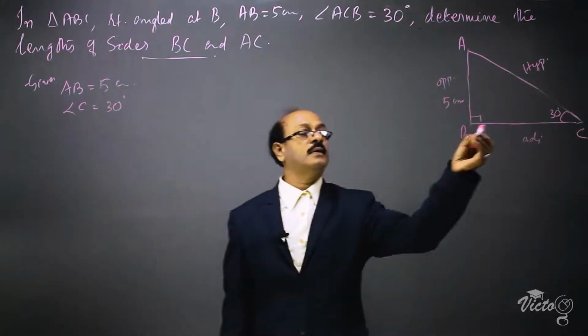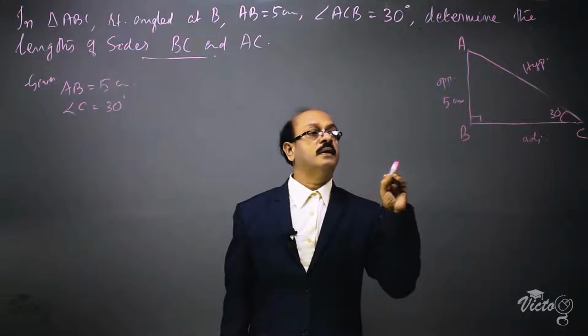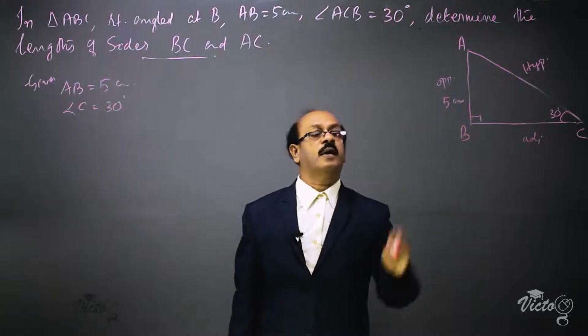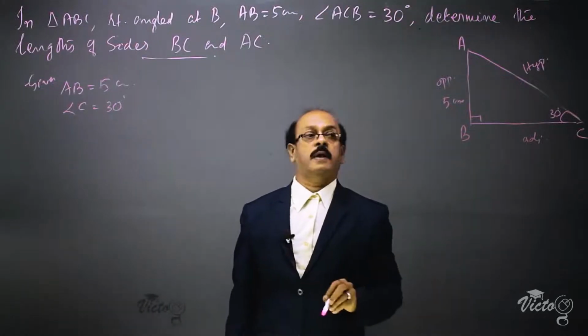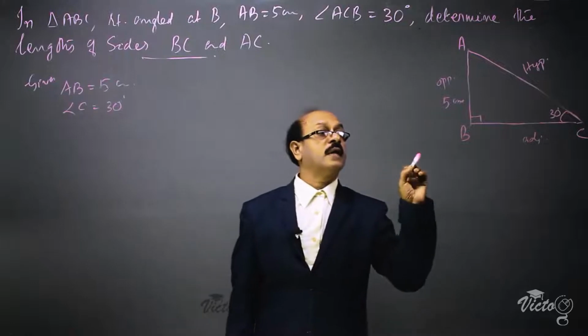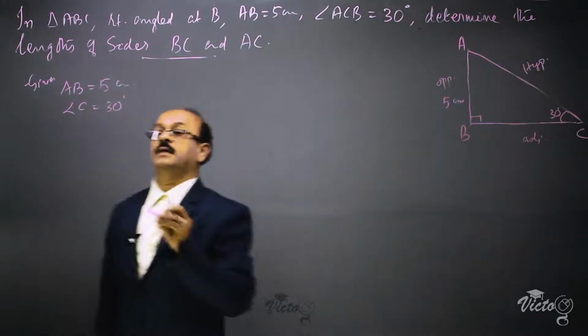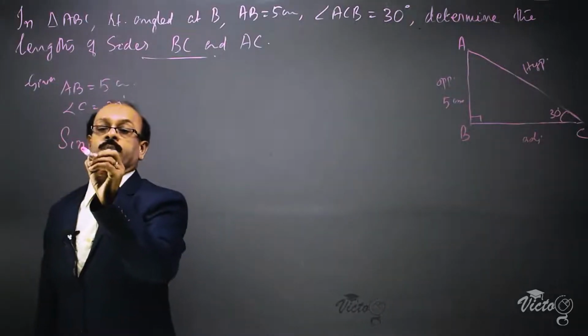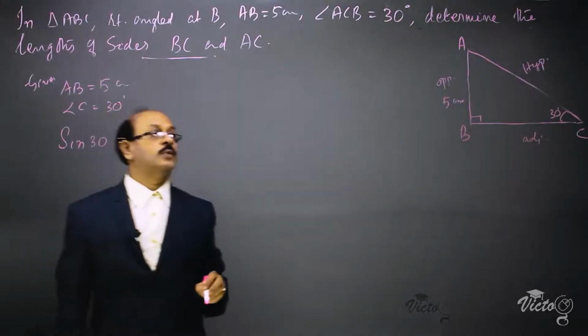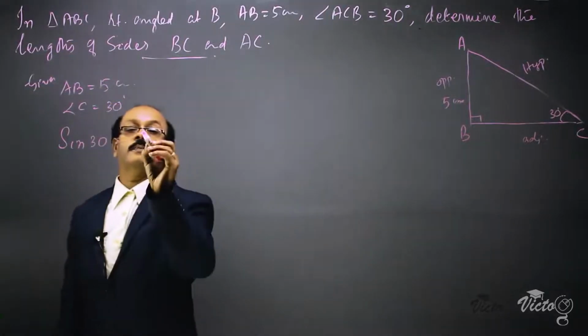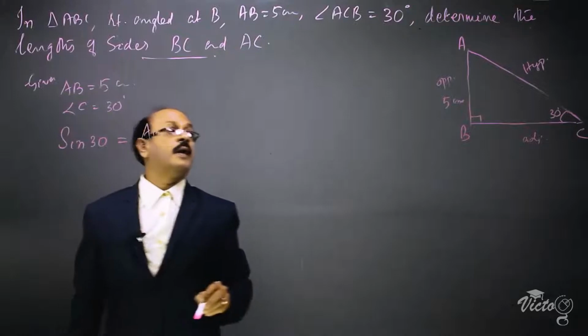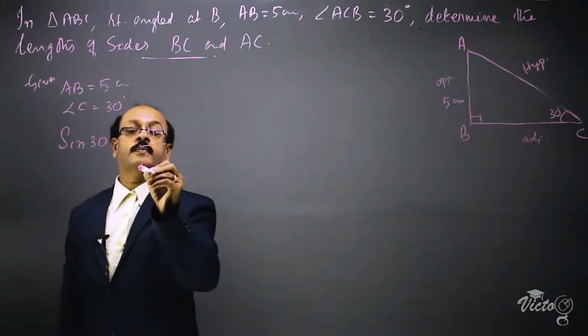Sine of the angle 30 degree. That means sine 30 is equal to opposite side by hypotenuse, means AB by AC. Sine 30 is equal to opposite side AB by hypotenuse AC.